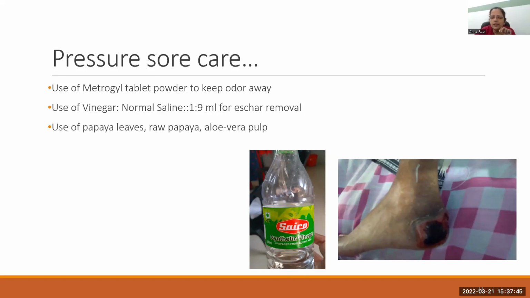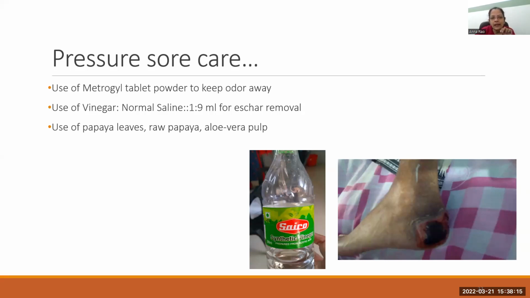Sometimes petroleum jelly is also used for such things. Locally, papaya leaves are also used when the skin is uneven. At that time, you can directly apply the papaya leaves and even raw papaya slices. And when the skin is uneven, you have to mash them and then apply.